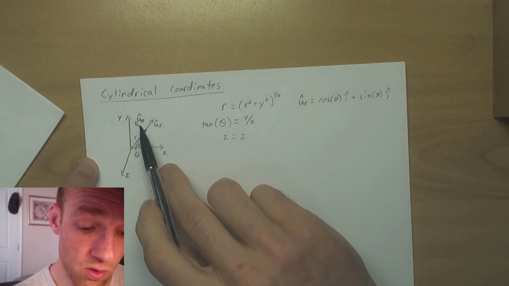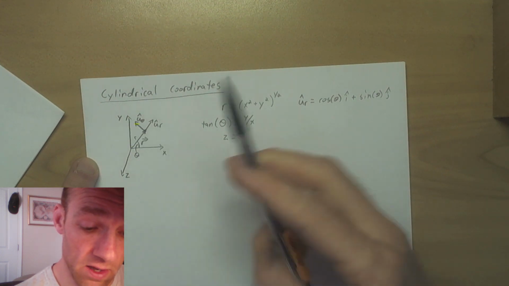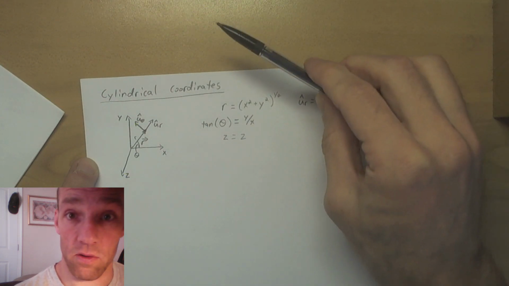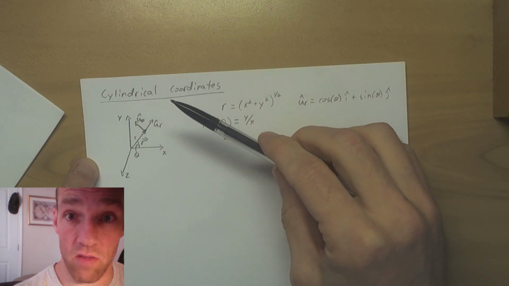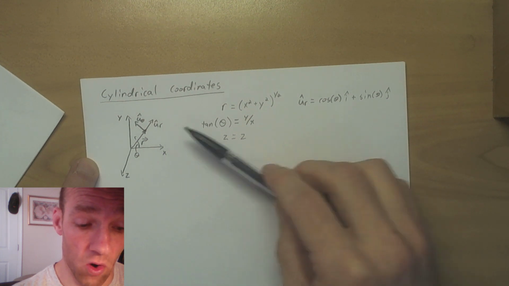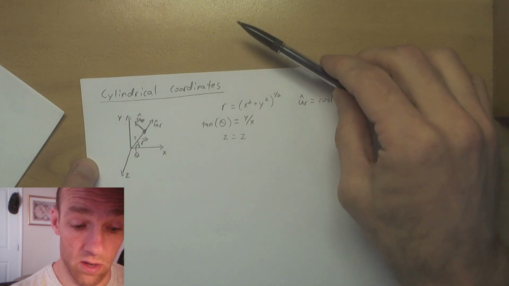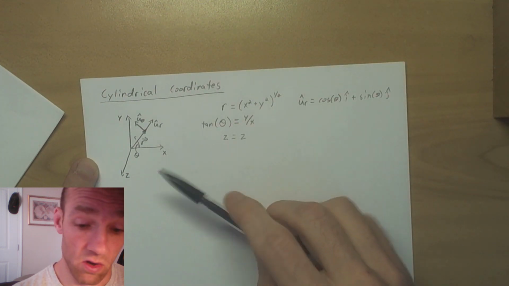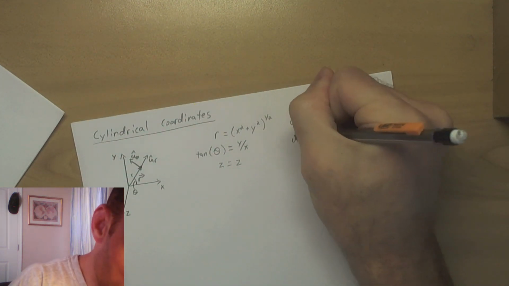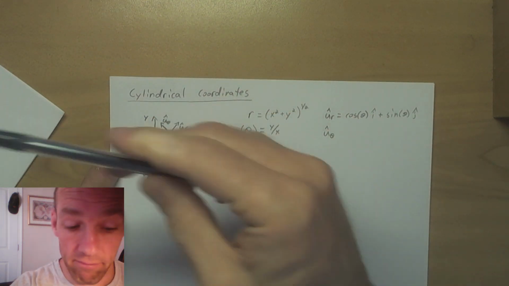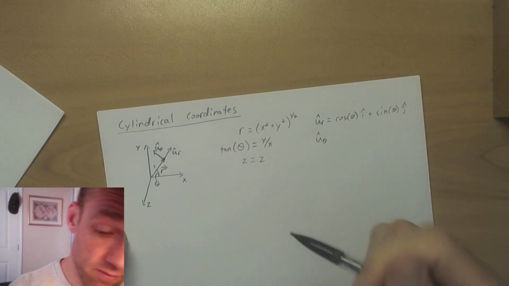Likewise for u sub theta, as we move in and out on the r, it remains constant. Its magnitude stays 1, and it's always perpendicular to r and always pointing in the direction of increasing theta. So it remains constant as we change r. All right, and it's always perpendicular, and it's always pointing counterclockwise.